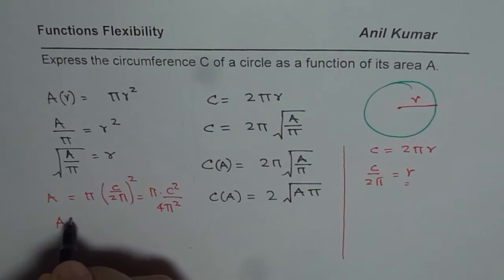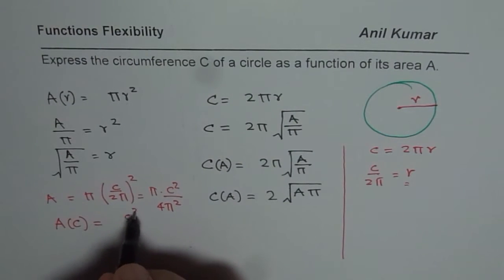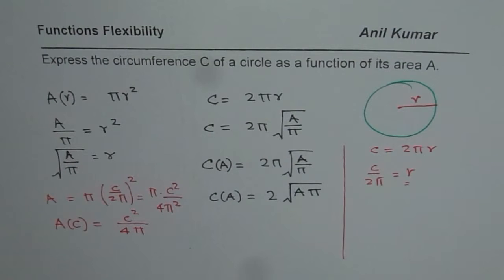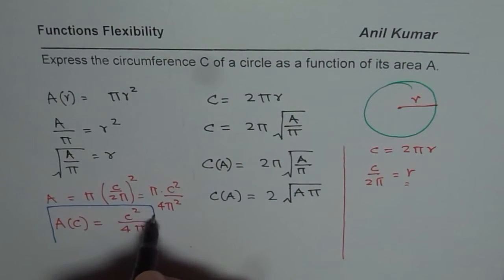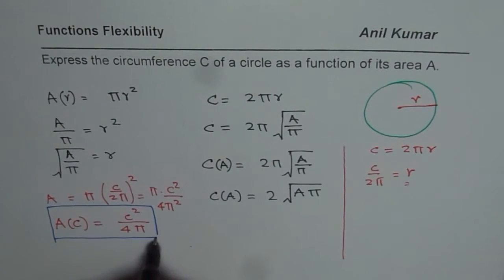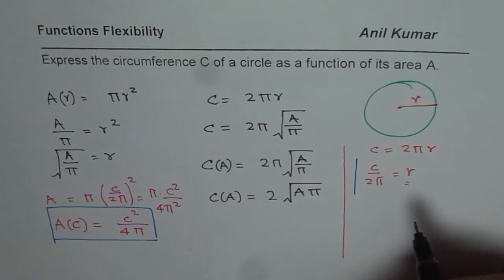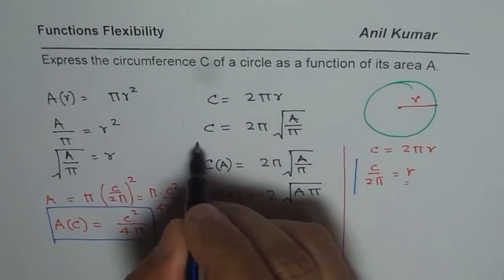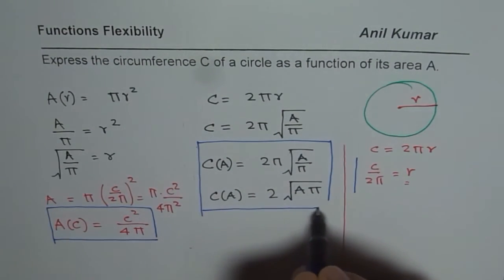So we get area as a function of circumference is equal to c square divided by 4 pi, correct? So that formula can also be used at times, and it helps in many cases when the circumference is given to you and you need to find the area of a circle. This formula can be used, okay, this is the formula, right? So either one of these formulas could be used for circumference as a function of area, correct?